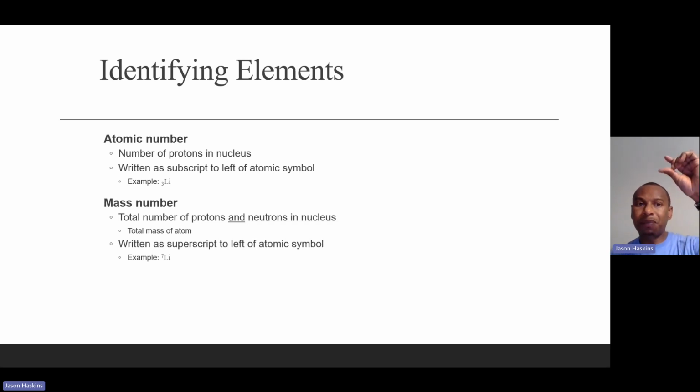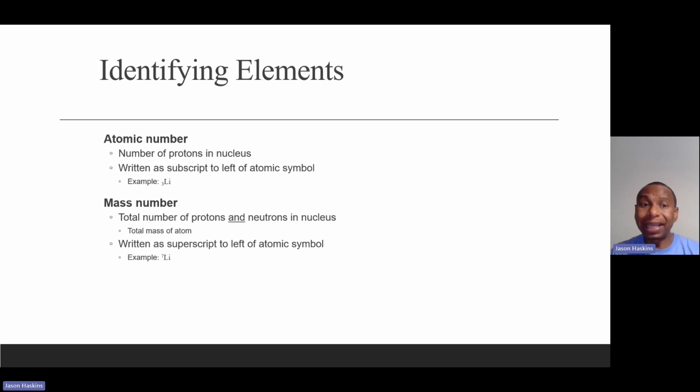And so the top number, the atomic number that represents the number of protons, will also represent the number of electrons, because it is neutral and it is not interacting with anything. Once it interacts with something, meaning another element, then that number of electrons can change.